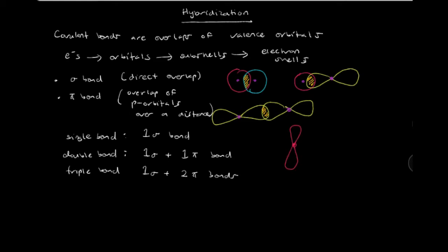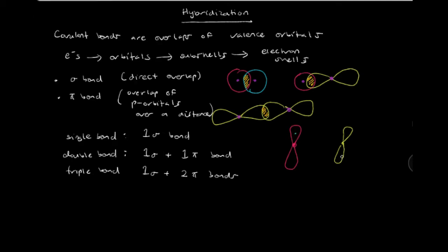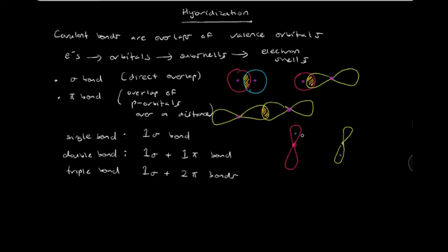So this is one p orbital, and this is another p orbital. Let's say that these p orbitals contain an electron. Basically, the pi bond is this overlap.